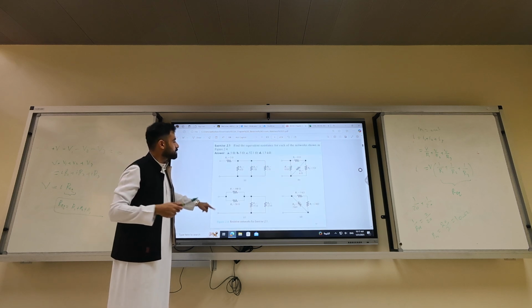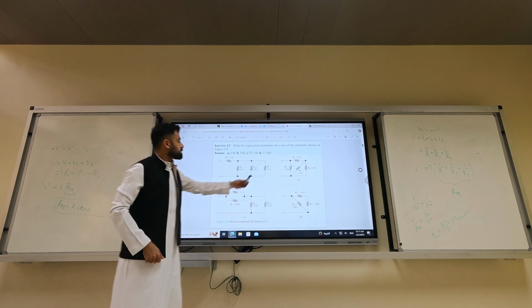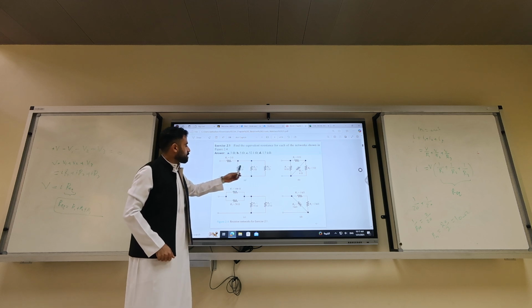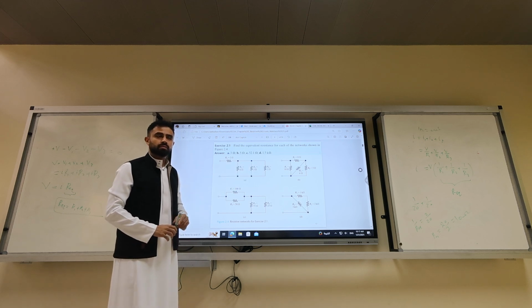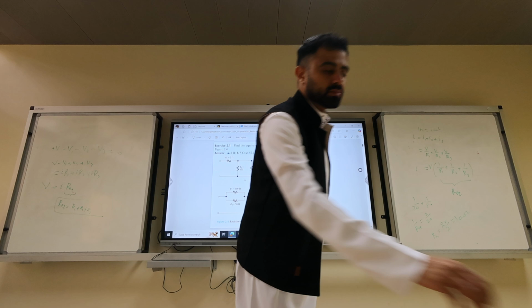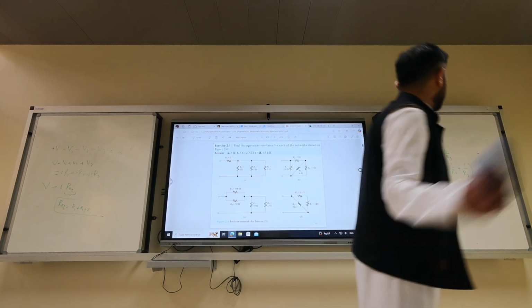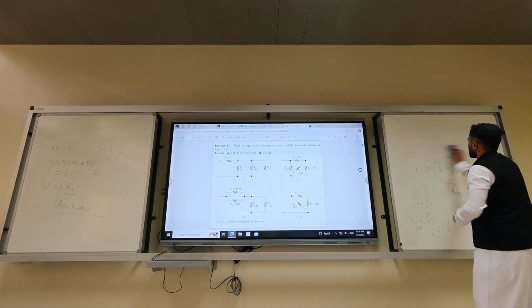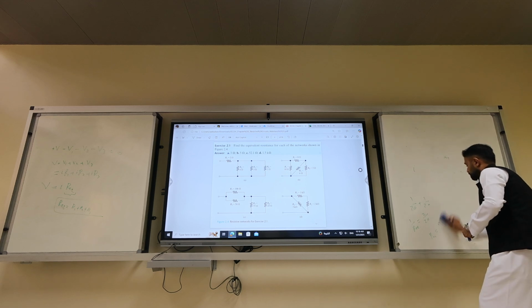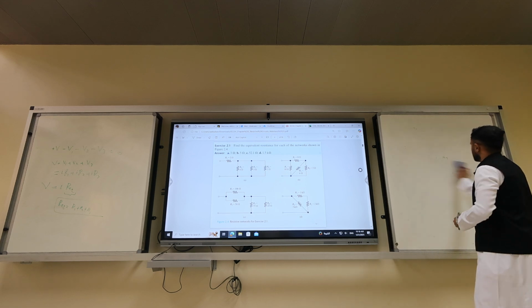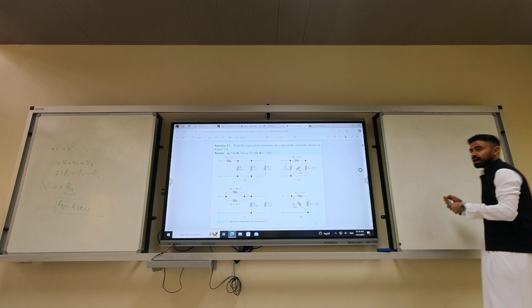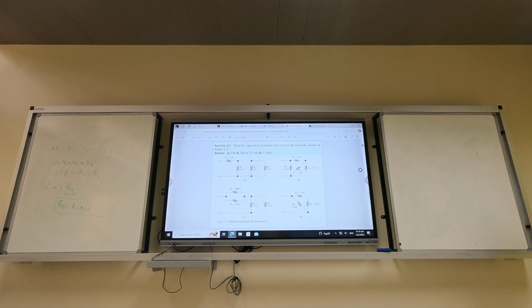Let's do the exercise. What is 2 in parallel with 3 in parallel with 6? Again, do it by the calculator. Give me the reciprocal. We said to use the calculator. I want you to do it now if you have a calculator, so that in the test you have to be efficient.